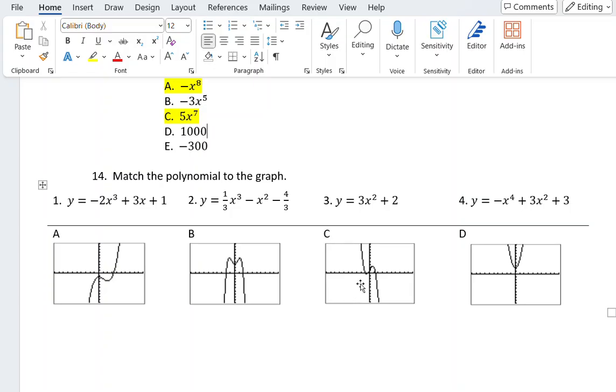So that's going to match with answer choice C. Number 2 also has an odd degree, but this time the leading coefficient is positive. So arms are pointing in opposite directions, and it's going overall upward. So that's going to match with graph A.